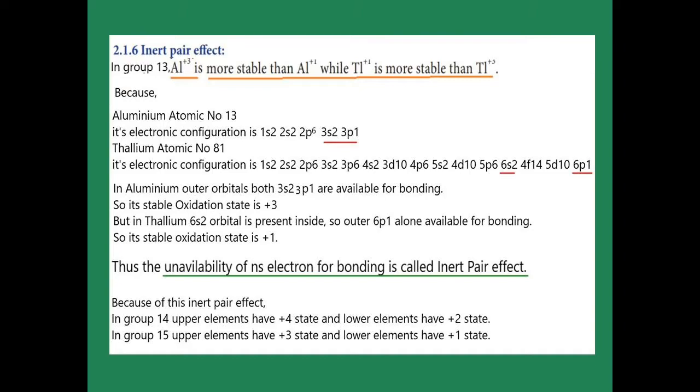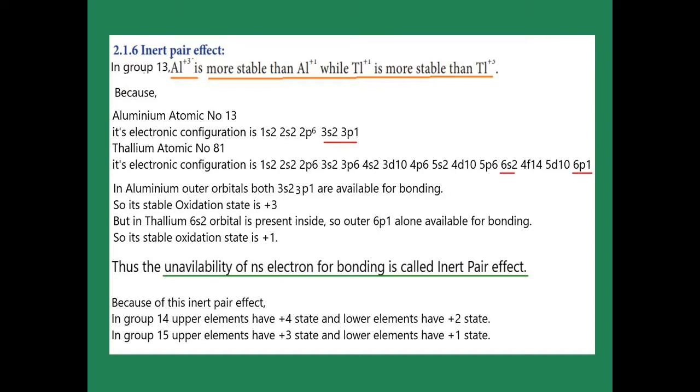But in thallium, between the 6s2 and 6p1 there are 4f14 and 5d10, so the 6s2 goes inside and only 6p1 is available for bonding, so in thallium the +1 oxidation state is more stable. But in aluminum, the 3s2 and 3p1 are both available for bonding, so 3 electrons are lost, so aluminum 3+ is more stable in that 13th group.